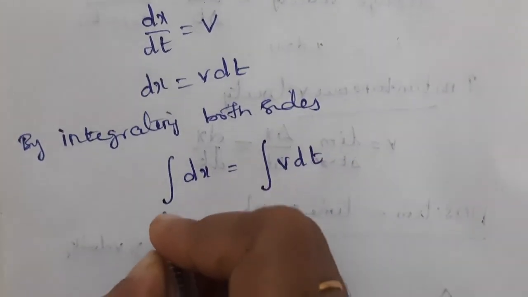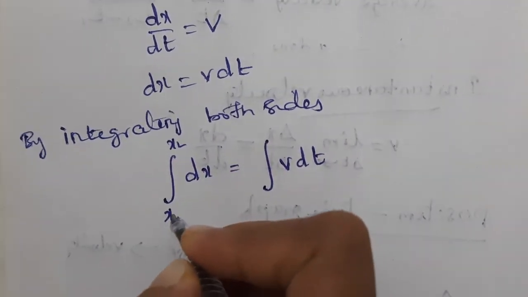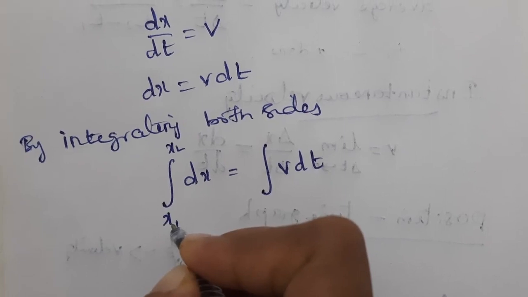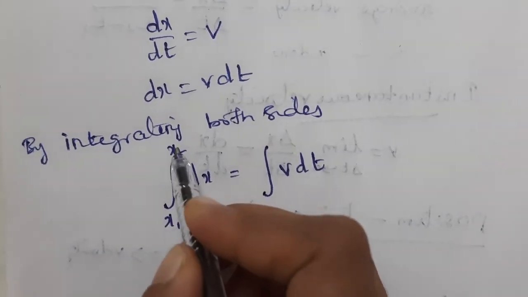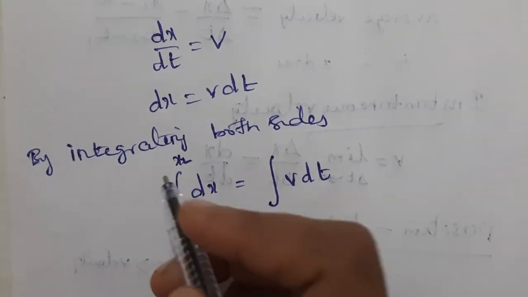That is, here I am writing x1, x2. This is the position. Initially it is from the position x1. Now after the time this particle reaches the position x2.